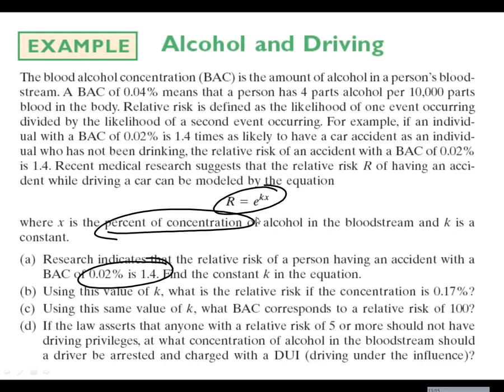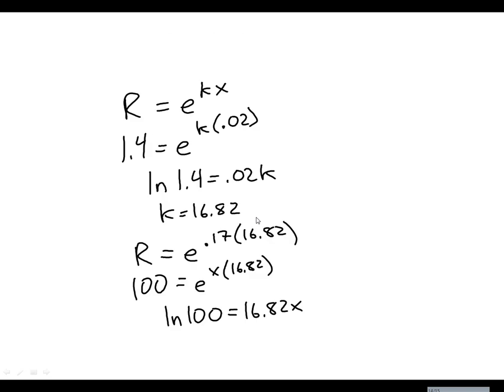And last one, if the law asserts that anyone with a relative risk of 5 or more should not have driving privileges, at what concentration should we arrest the person and charge them with the DUI? So trying to find for the relative risk of 5. Again, R is 5, e to the x 16.82, same type of problem.